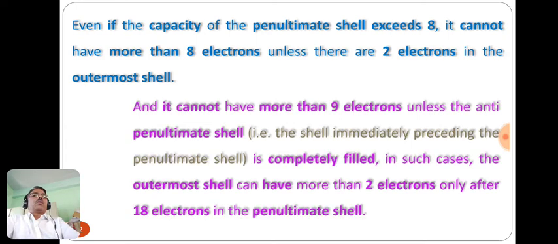And the next rule states that the penultimate shell cannot have more than 9 electrons unless the anti-penultimate shell, meaning the shell immediately preceding the penultimate shell, is completely filled. In such cases, the outermost shell can have more than 2 electrons only after 18 electrons are in the penultimate shell.